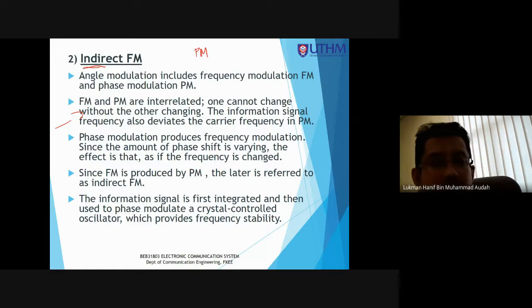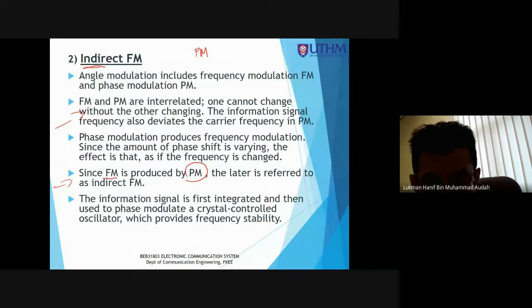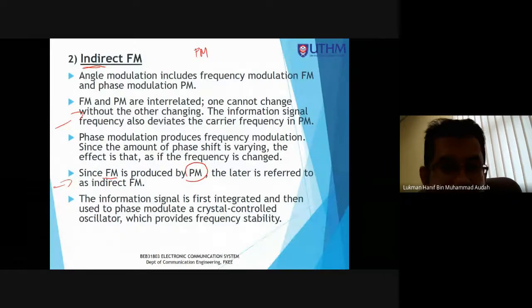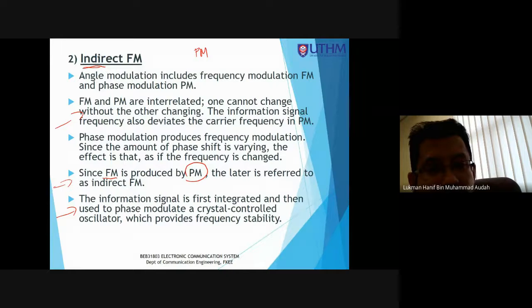Okay. So since FM is produced by PM, the latter is referred to as indirect FM. That means we are producing FM by using the process of phase modulation. How to do this? First, the information signal is integrated and then used to phase modulate the crystal control oscillator.